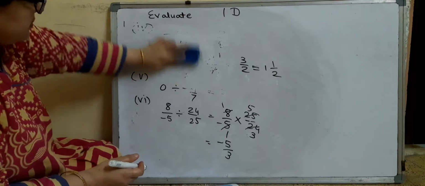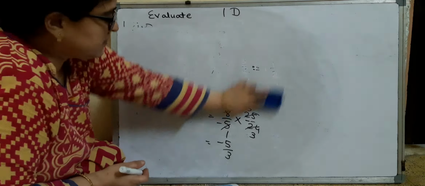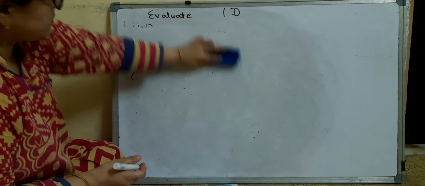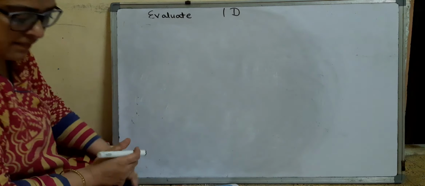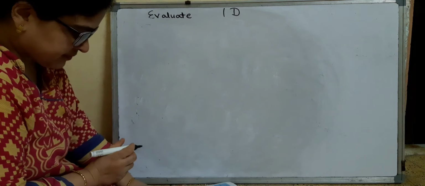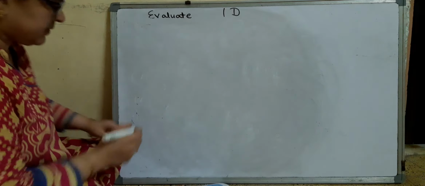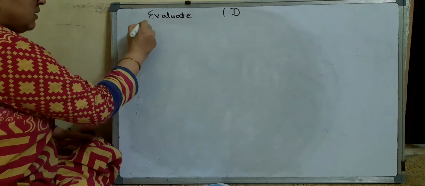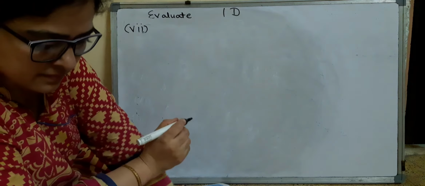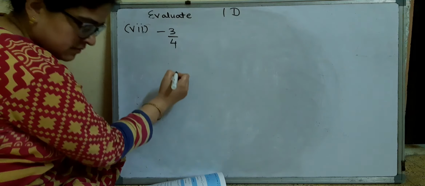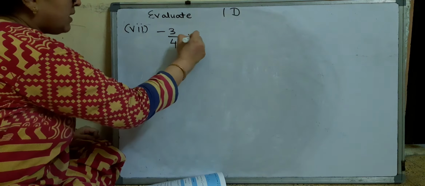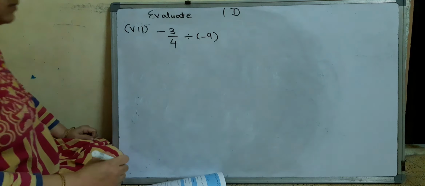Now the sum number 7. Minus 3 upon 4 divided by minus 9.